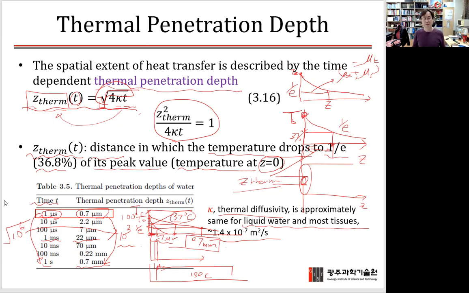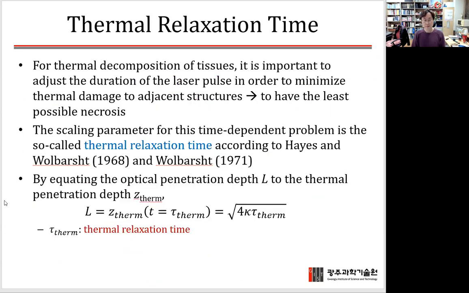So that's why the 1 microsecond rule of the pulse duration time comes from here. When you have longer than 1 microsecond, then you will certainly have thermal interaction. But when you have shorter than 1 microsecond, then you can minimize that thermal interaction at the site of the laser irradiation.